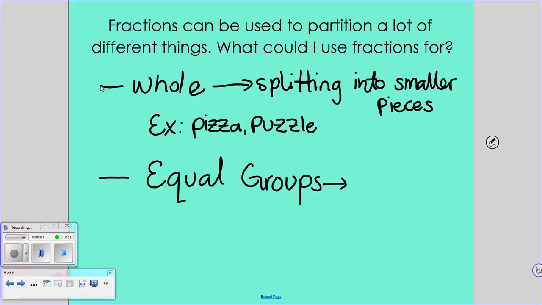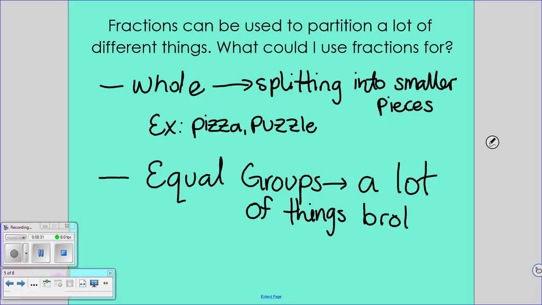Yeah, so a lot of times when we think of fractions, we think of one whole. One pizza that we need to share out. But Eleanor's exactly right. We can use fractions if we have a lot of things broken into equal groups.